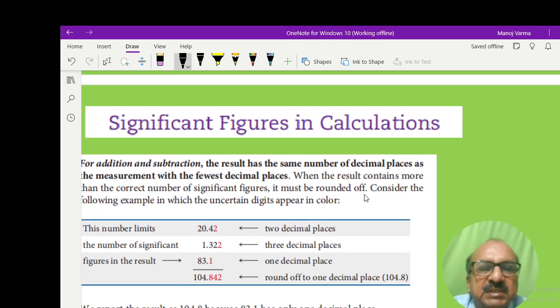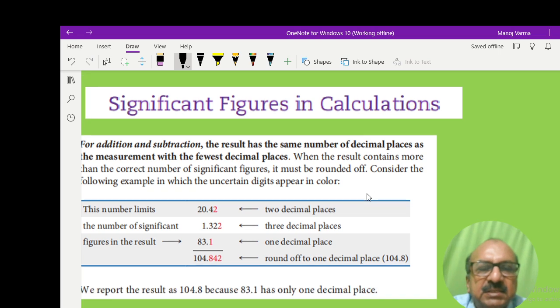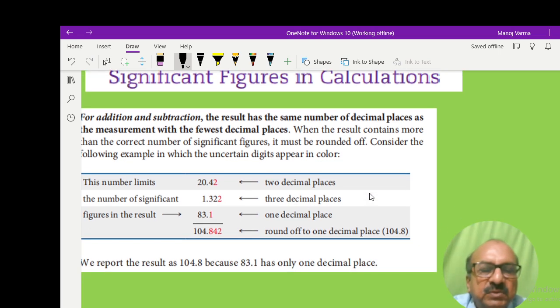how do we use the significant figures in calculations? There are two simple rules. If you add numbers which have decimal points, for example we are adding three numbers.